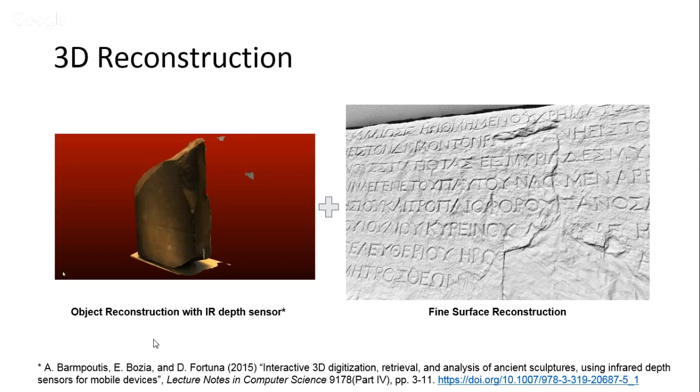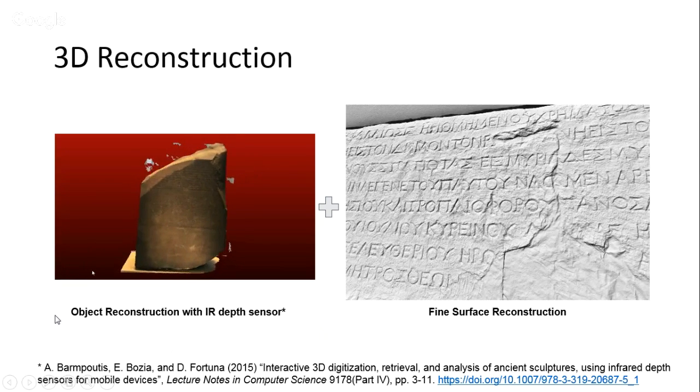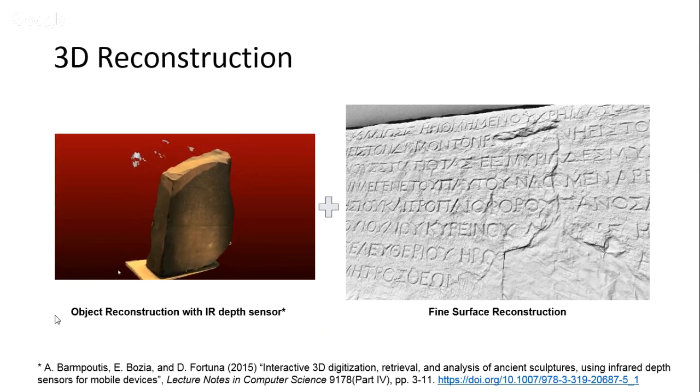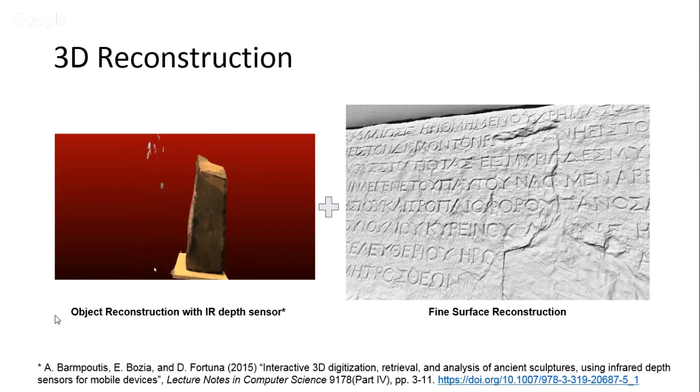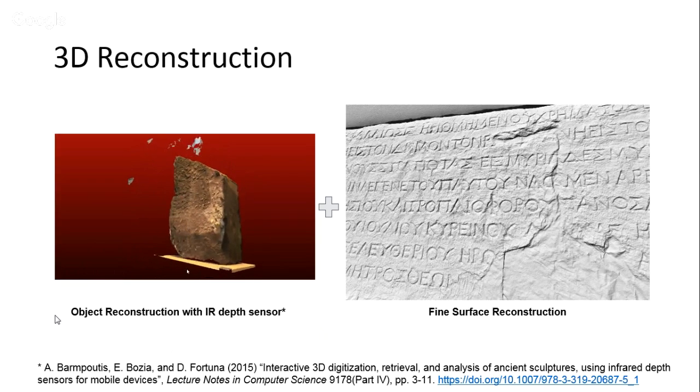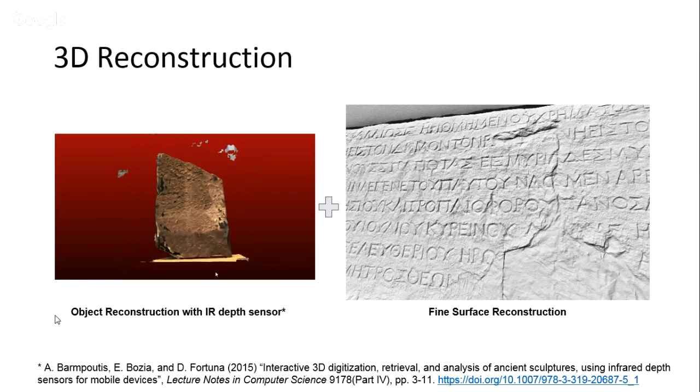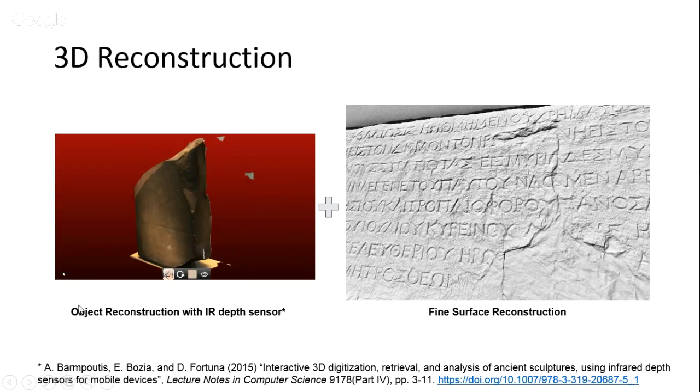In addition to this quadridirectional light scanning, we did 3D scanning to capture not the fine details of the inscription, but the overall structure of the shape. This was done using an infrared depth sensor for mobile devices. We used an iPad with the Occipital Structure Sensor. And as you can see, the overall shape of the stone has been captured.